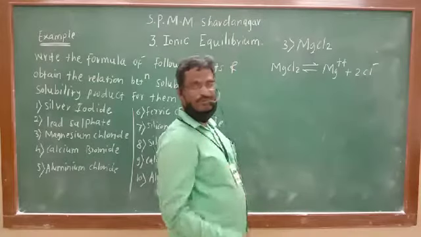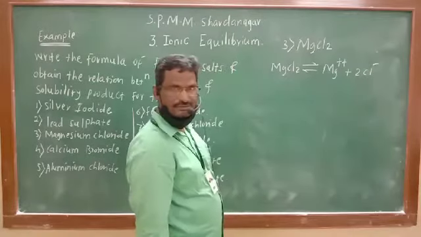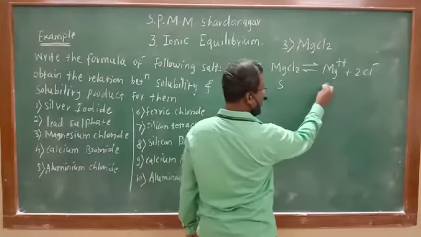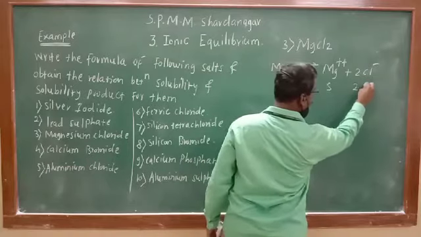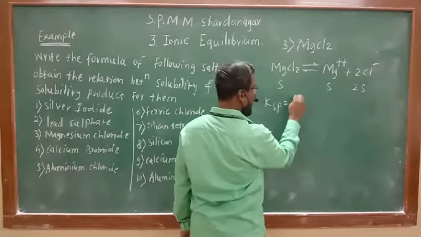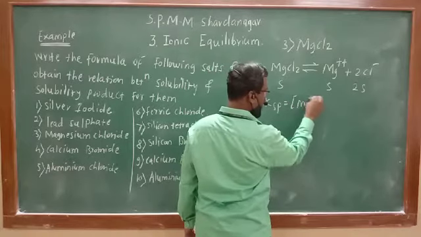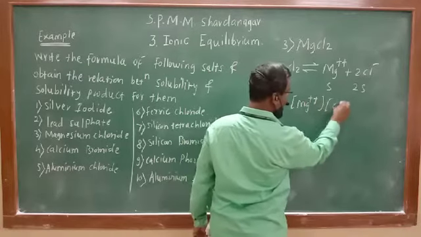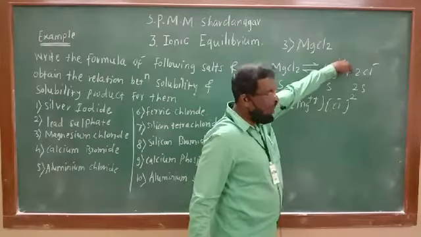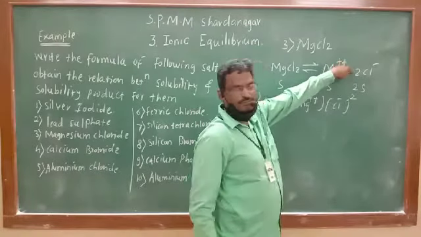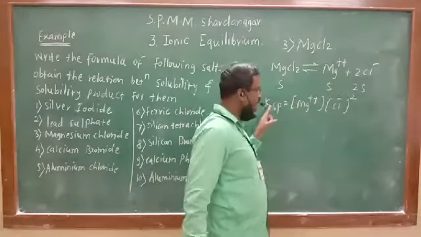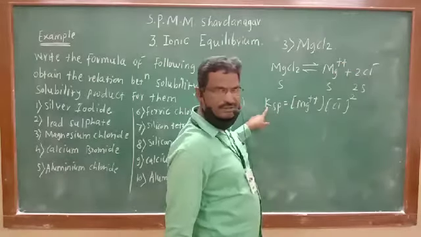Can you tell me which type of salt it is? This is a BA2 type of salt. If this is S, this is S, this will be 2S, and Ksp will be equal to concentration of Mg2+ into concentration of Cl− squared. These 2 become the power, the exponent, in the equation of solubility product constant.